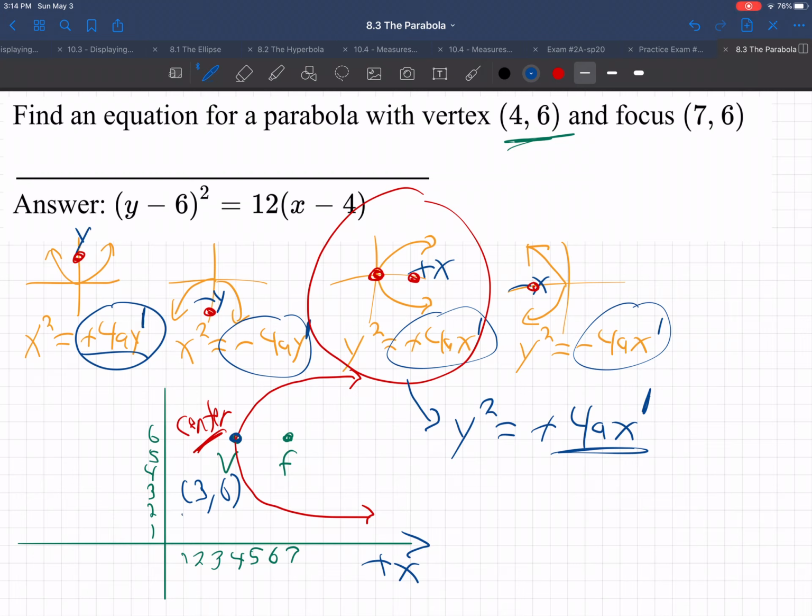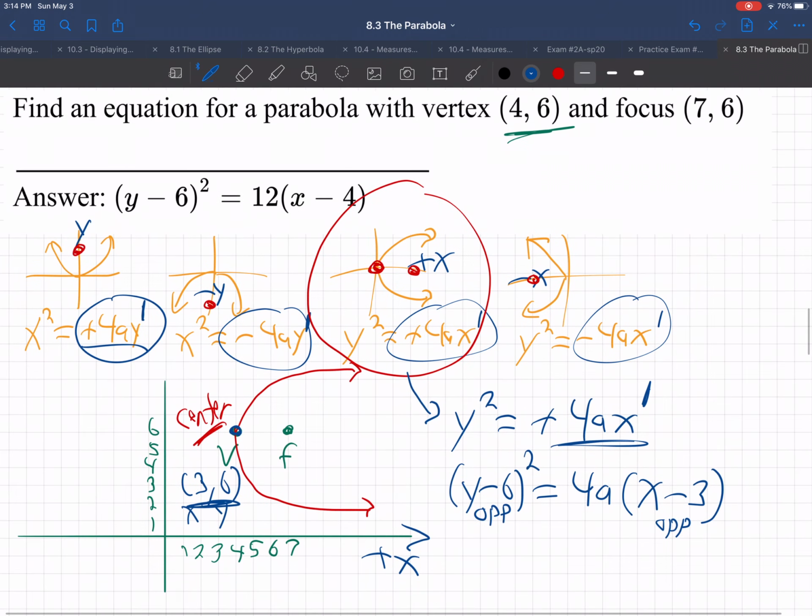So the opposite: this is the x, this is the y. So that means we're going to have 4a, and then x minus 3, and y minus 6. We always do the opposite of the number next to x and y for the center in all these kinds of graphs.